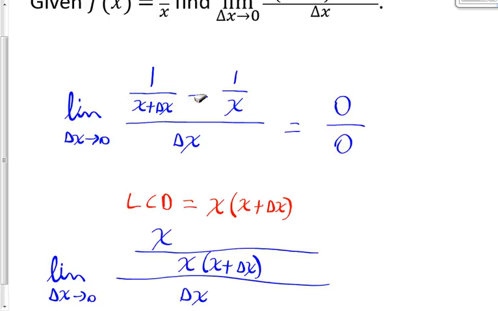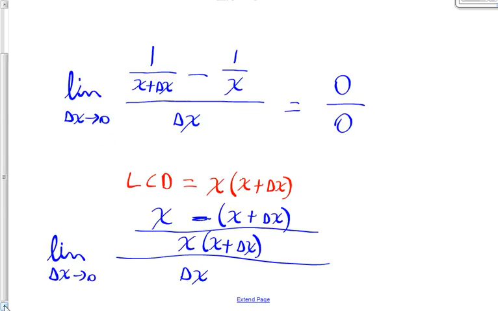Then I have a minus sign. And this fraction here is missing the factor x plus delta x that's in the LCD. So I'm going to multiply this fraction's numerator and denominator by x plus delta x. That's how I get the common denominator. But the numerator would then be 1 times x plus delta x, or x plus delta x.